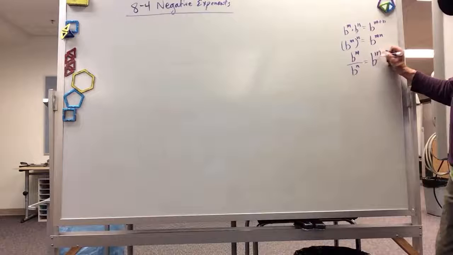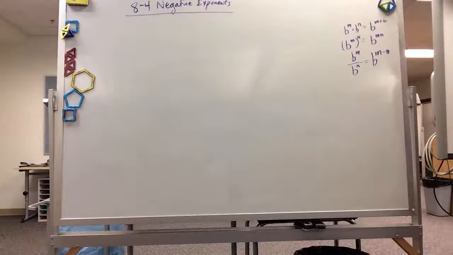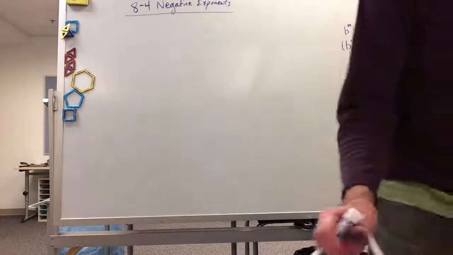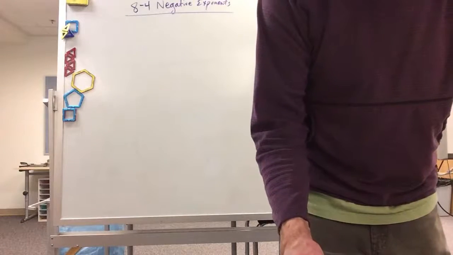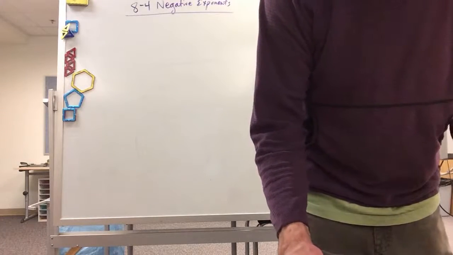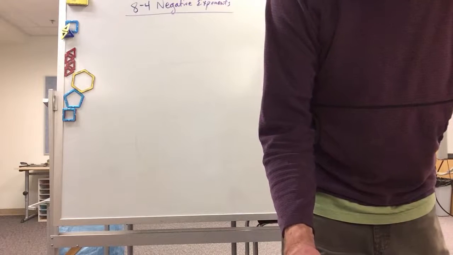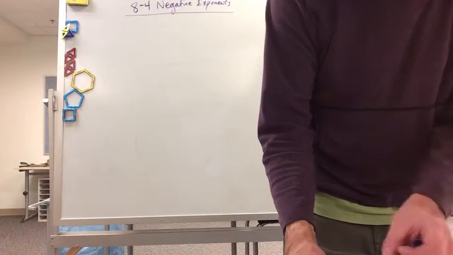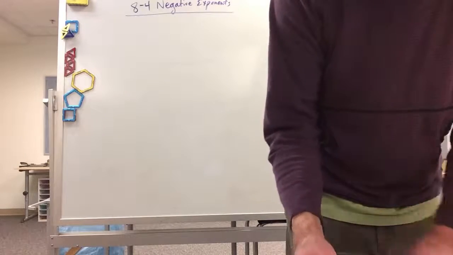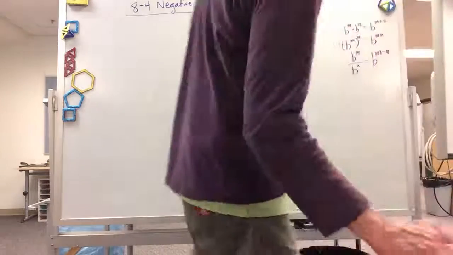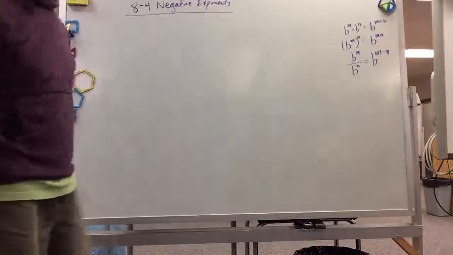Is it 3 right now? We have 3 properties of exponents that we're working with. I feel like there was a 4th one, but maybe not. Power of a power, power of a product, and quotient of powers. Okay, so here's the next one.